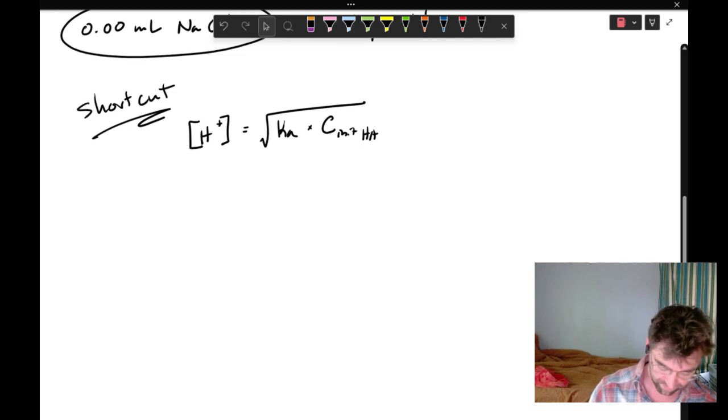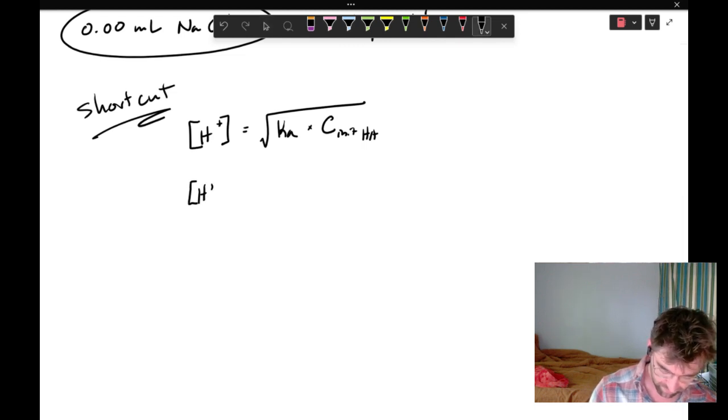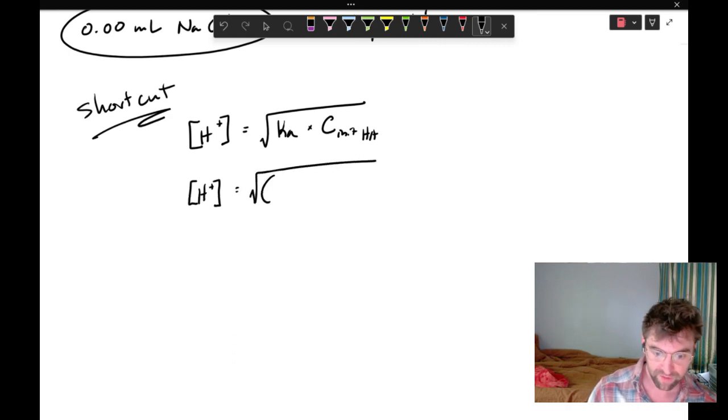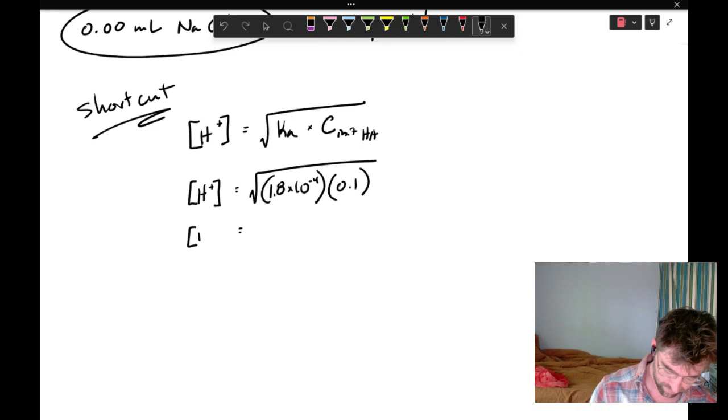So proton concentration equals, our Ka value was 1.8 times 10 to the negative 4 times our initial concentration, and that was 0.1 molar. Gives us 0.00424.